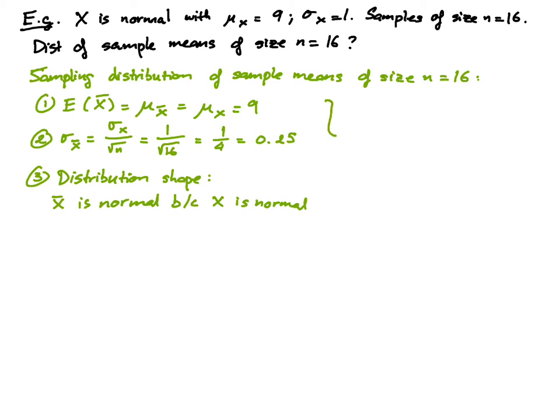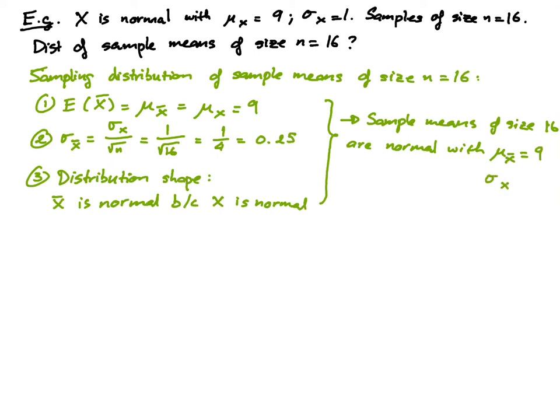In other words, sample means of size 16 are normally distributed with mu x bar equals 9 and sigma x bar equals 0.25.